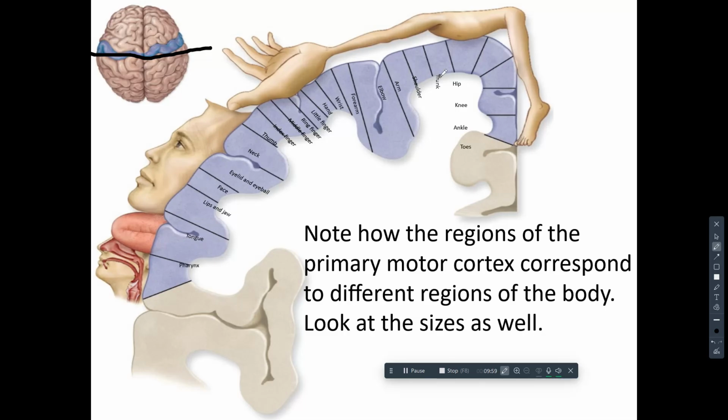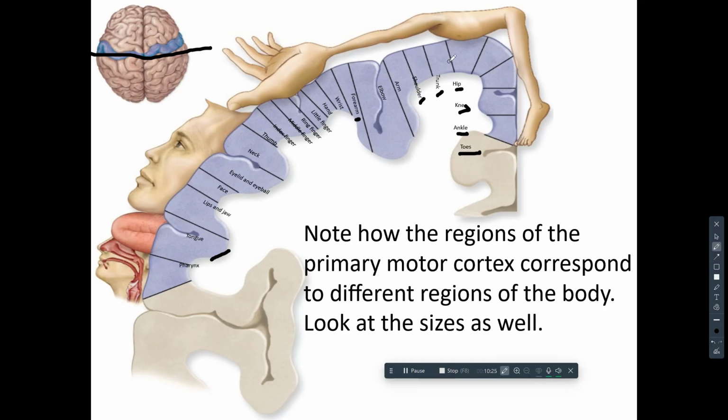That's what we're looking at here. This is the cortex of the precentral gyrus. And note how different regions of this cortex here correspond to different portions of the body. So we got a region controlling the ankle movement, a region controlling forearm movement, a region controlling tongue movement.